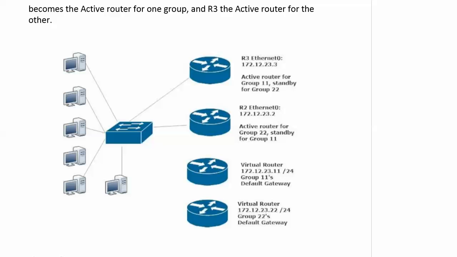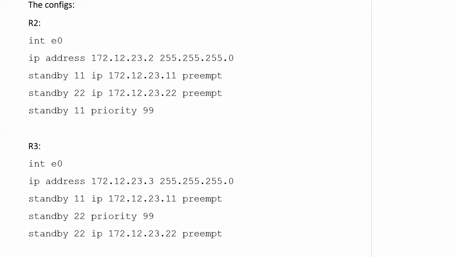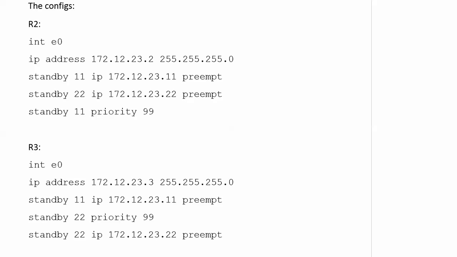And it's a little tricky, you just have to watch your configs, but you can see what I've done here. It's not a long config at all. And again, I've joined the routers to two groups, put preempt on each of the standby statements, and then changed the priority to 99 for the group that I wanted them to be the standby for.